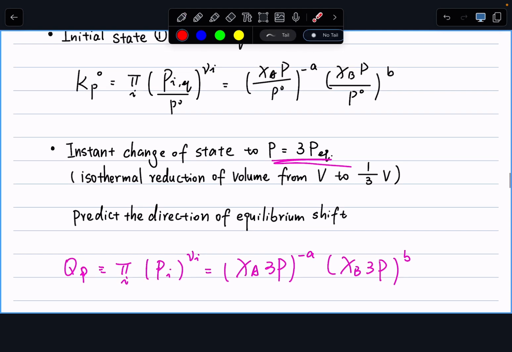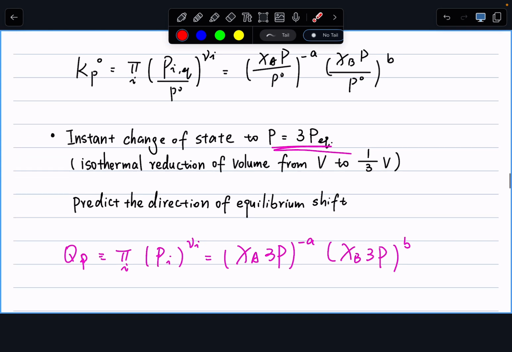So whether my Kp naught or Qp is bigger or smaller depends on whether my stoichiometric coefficient A or B is bigger or smaller. Right. So in this kind of question, let's say my A is smaller than B, so we have fewer gas molecules in my reactant than product.